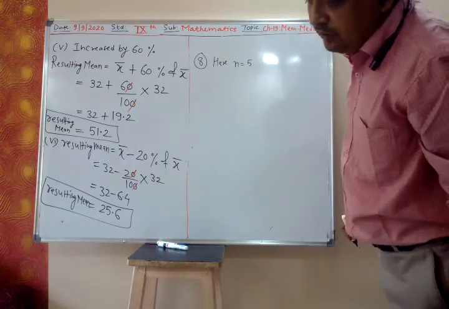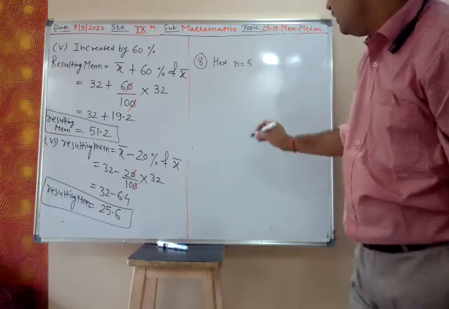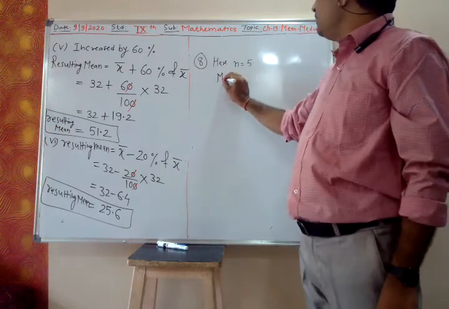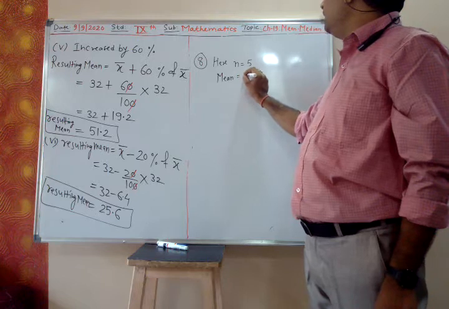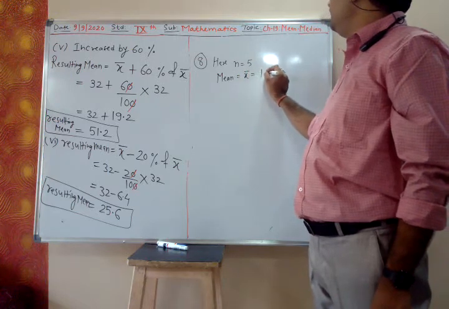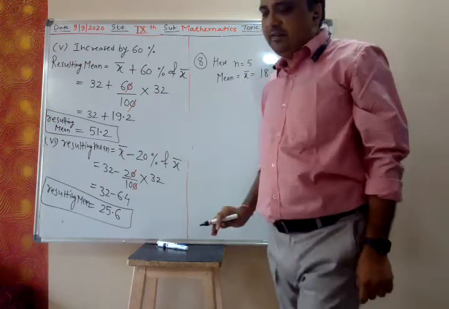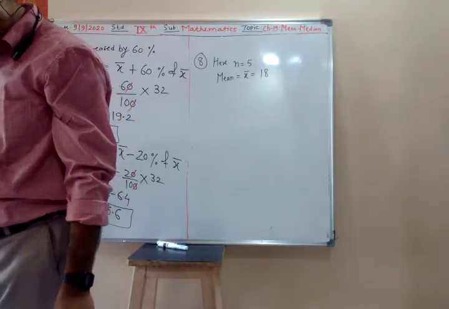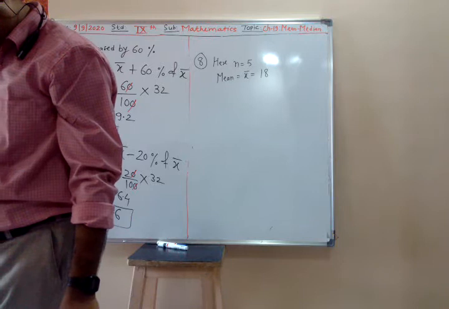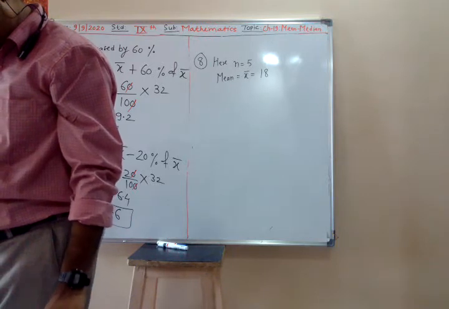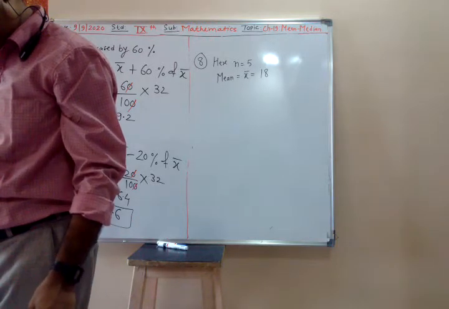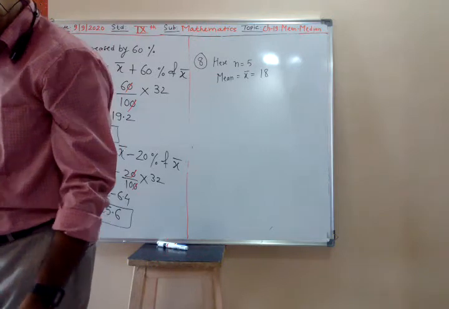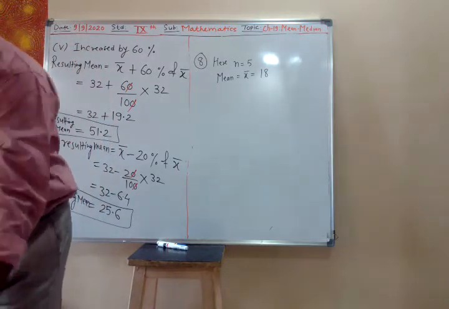And the mean value of 5 number, that is mean x bar, is 18. If one number is excluded, the mean of the remaining number becomes 16. Find the excluded number.